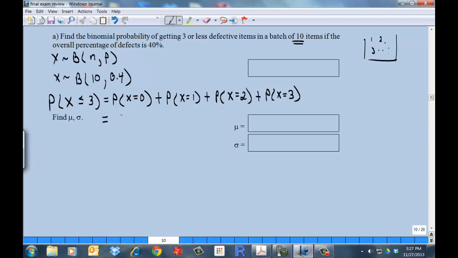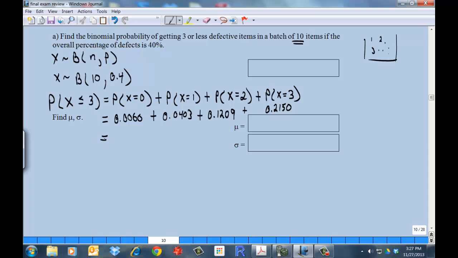The probability that x is equal to 0 is 0.0060, plus the probability x equals 1 is 0.0403, plus the probability x is equal to 2, which is 0.1209, plus the probability that x is equal to 3, which is 0.2150.